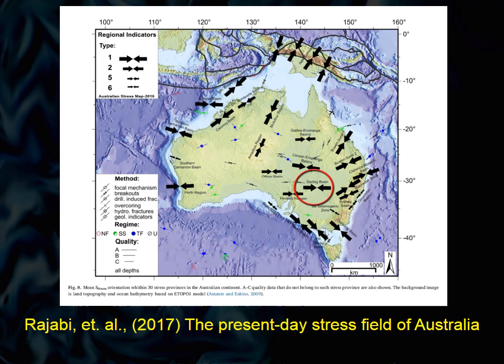There are many publications showing the east-west compression for the central part of Australia over long periods of time. The red circle shows the east-west compression, which has had considerable impact on the Broken Hill deposit.